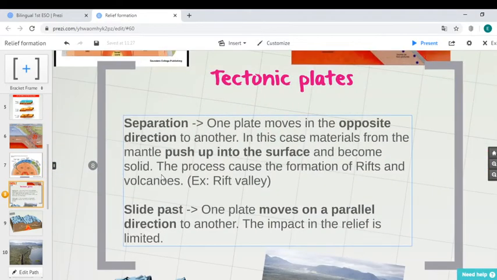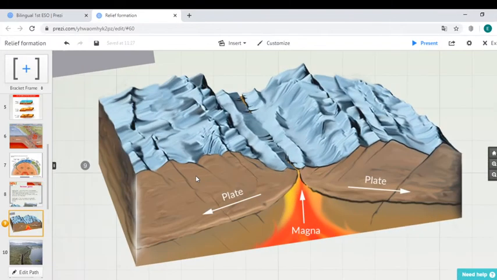Let's learn about the other two movements. The second one is the separation movement. It happens when plates move in opposite directions, so they are not colliding, but they are separating from each other. In this case, the materials from the mantle are going to push up into the surface, and obviously they will become colder and they will solidify.